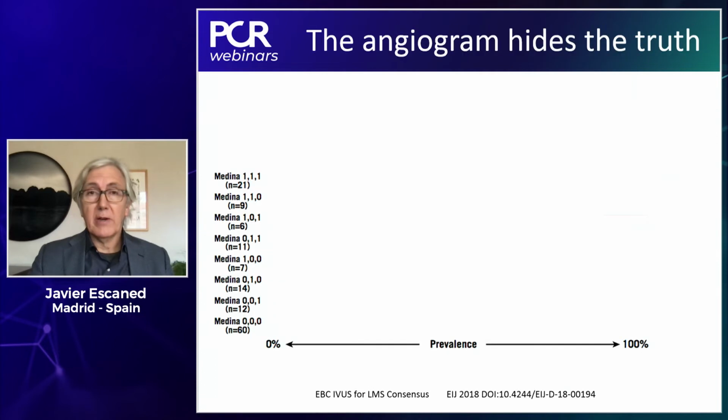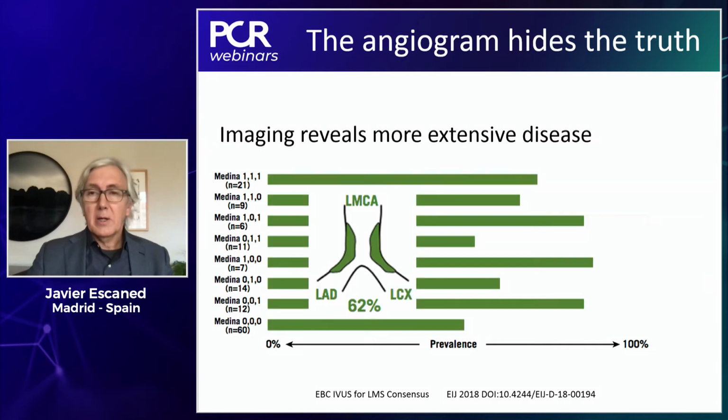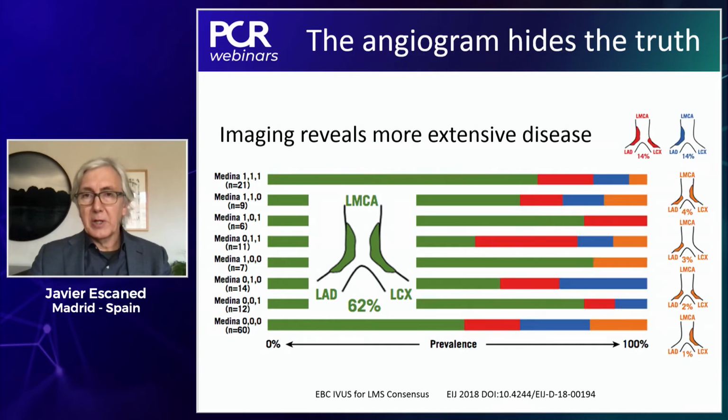Something that also we have learned, of course, with the use of IVUS, and this again is from another document recently published from the EBC, is that when you look at the different types of characteristics of the left main stenosis according to the Medina classification, and you double check this with intracoronary imaging, you find that typically in 2/3 of the cases, you have plaque actually affecting the main left main, proximal LAD, and proximal circumflex.